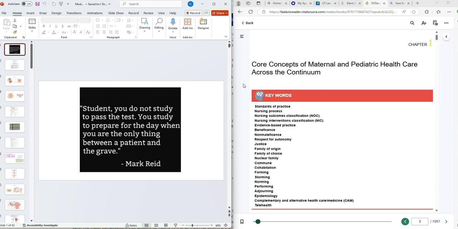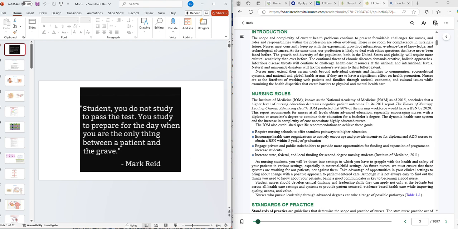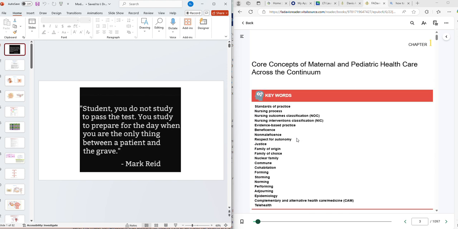Okay, we're going to start on chapter 1. You can see my little quote over here that's important to be a good nurse. Chapter 1 is going over core concepts of maternal and pediatric health care across the continuum.